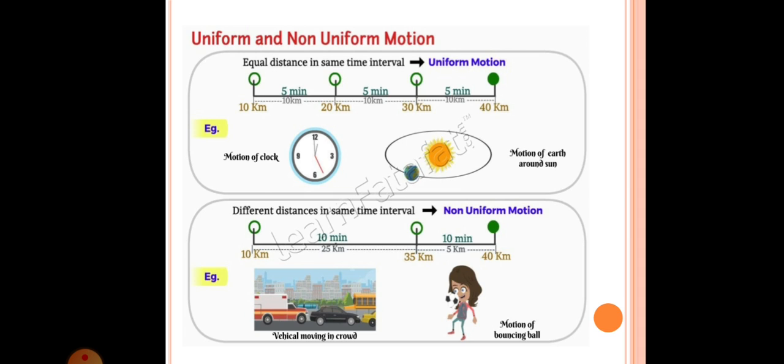So it can be said that the object is in non-uniform motion. Remember, if equal distance is covered in equal interval of time, it is uniform, and if unequal distance is covered in equal interval of time, it is called non-uniform.